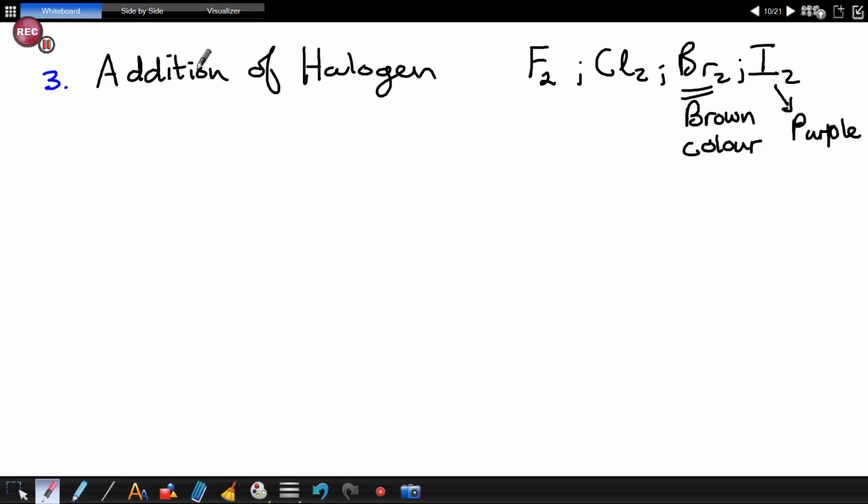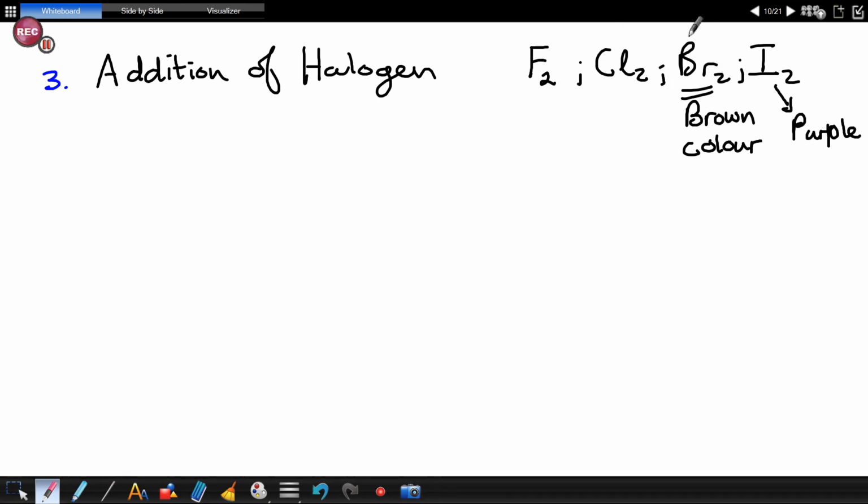So what happens is we're going to compare the reaction between an alkane and a halogen and the reaction between an alkene and a halogen. The reaction between the alkene and the halogen is much faster than the alkane and the halogen because you've got this double bond.